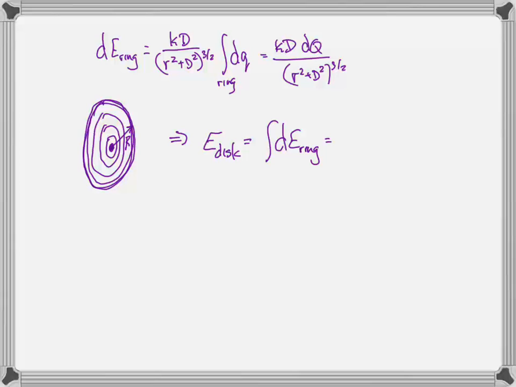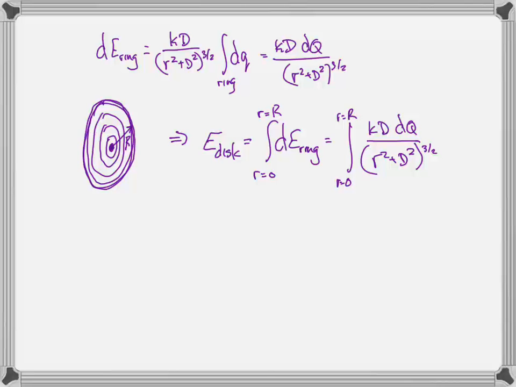The electric field of the disk is the sum of all the electric fields of the rings, but now we're adding these rings from a radius of 0 to a radius of capital R, and that makes up the whole disk. And so we have to do the integral from r equals 0 to r equals capital R of k d dq over r squared plus d squared to the 3/2.